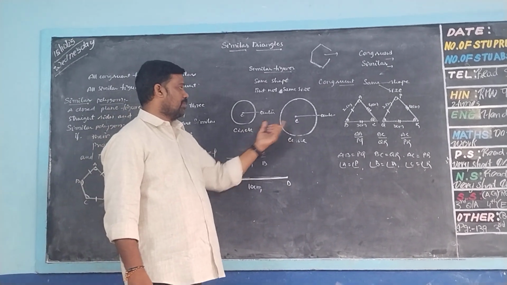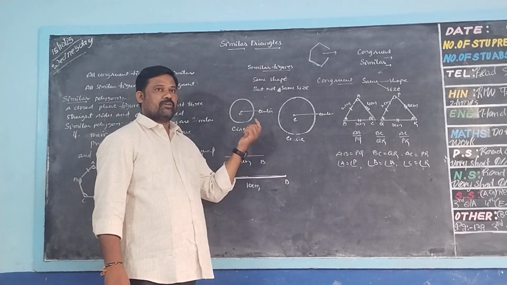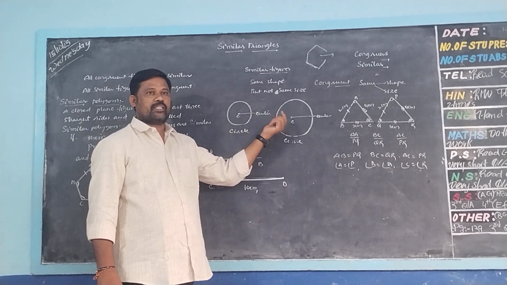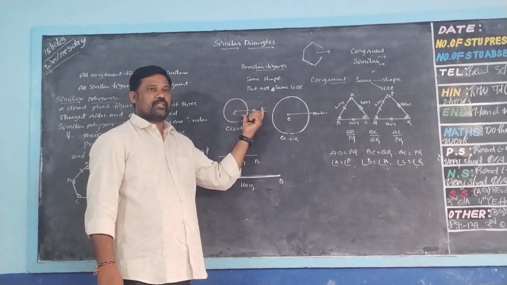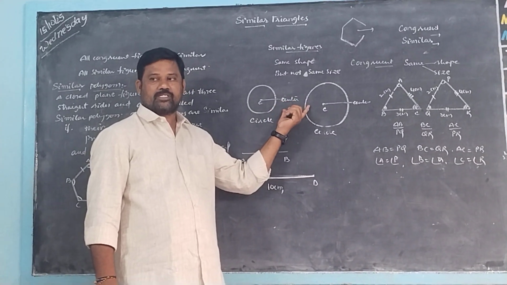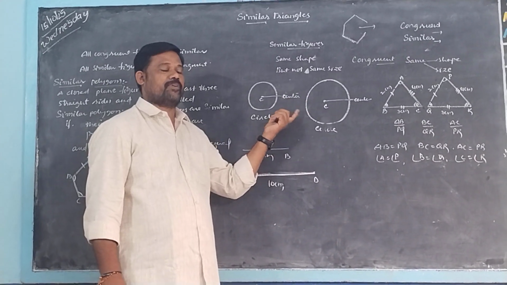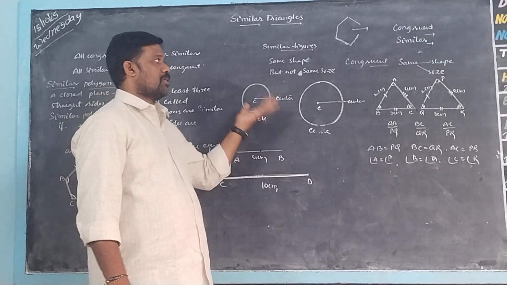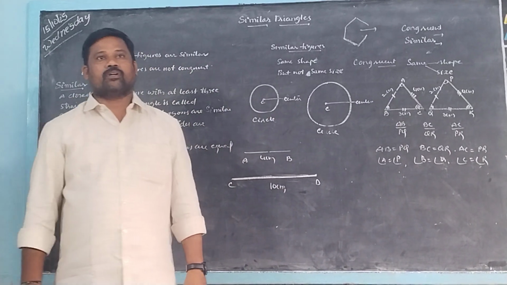And we take two different circles, one is smaller and another is bigger, but their shapes are the same. Shapes are the same, sizes are different. These are examples of similar figures.